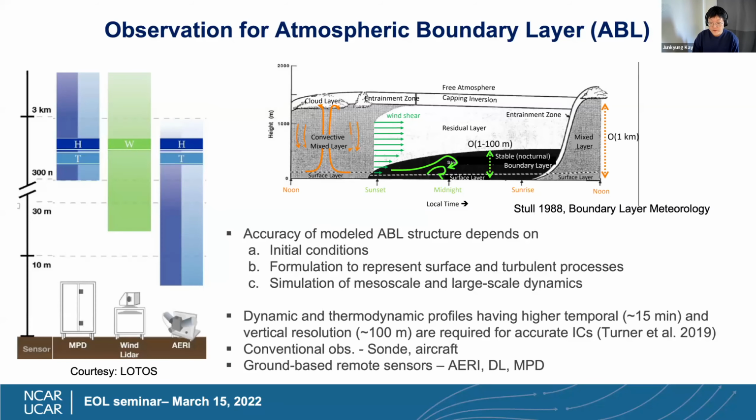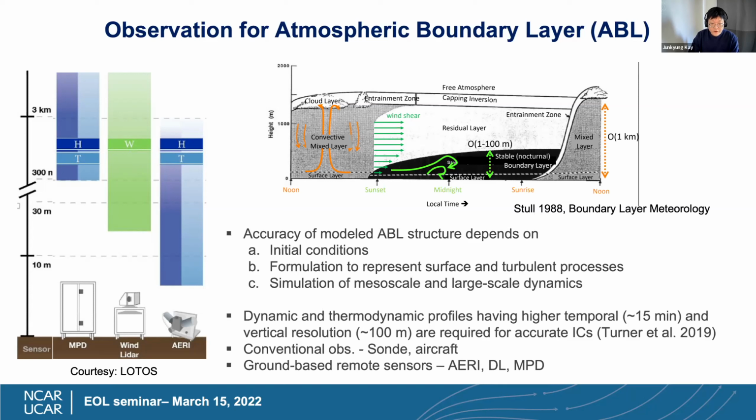Okay, the atmospheric boundary layer impacts our society in the form of daily weather and air quality. So the accuracy of a modeled atmospheric boundary layer structure critically depends on the initial conditions, the specific surface parameters, the formulation to represent surface and turbulent processes, and the effective simulation of mesoscale and large-scale dynamics.